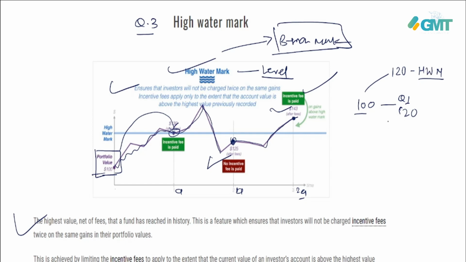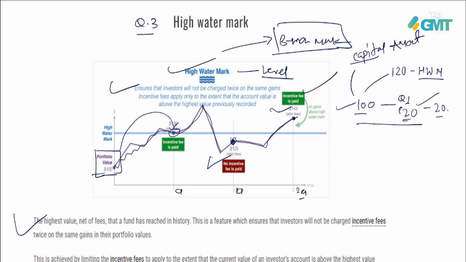So it means in the first quarter the fund reached the high water mark. So on the 20 rupees, because fees are only charged on gain, not on capital, because this is the part of capital or base amount. Fees only charged on gain.